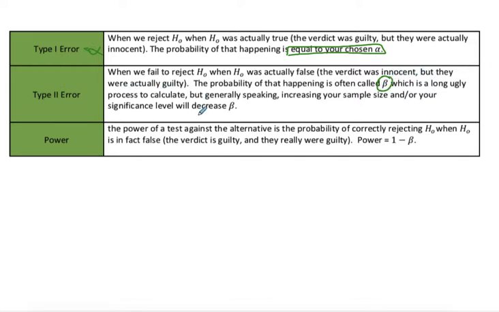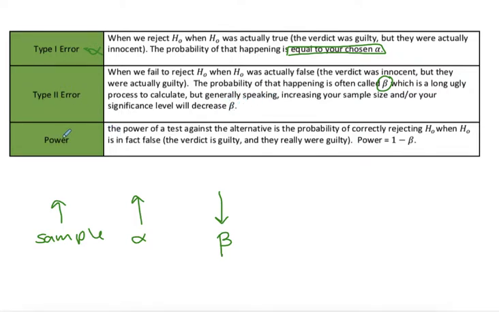Okay, that is something beyond the scope of our class, but generally speaking, increasing your sample size and or your significance level will decrease the beta. So when we increase sample, okay, increase alpha, this is going to act against our new criteria here, beta.